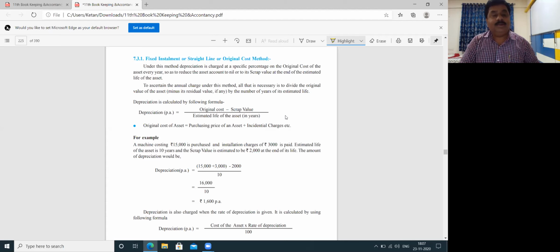That's why this method is called the straight line method. Or original cost method means what? Because you are calculating your percentage of depreciation always on original cost, always on 10 lakhs.